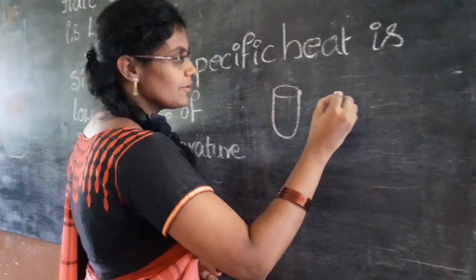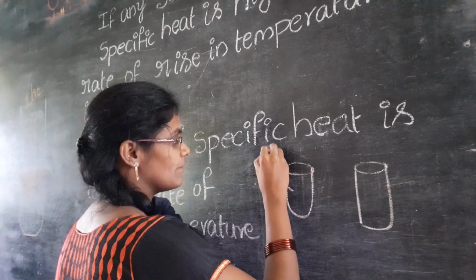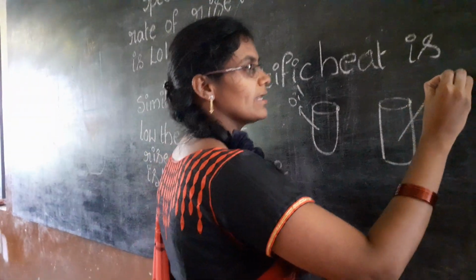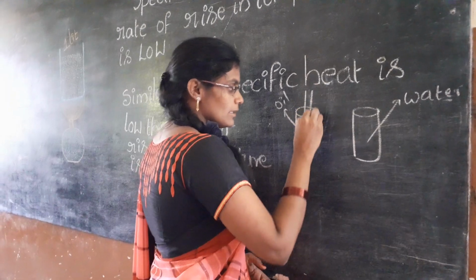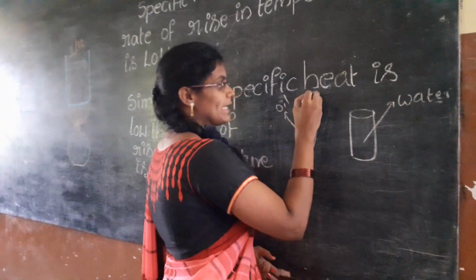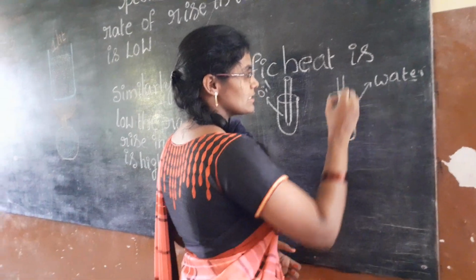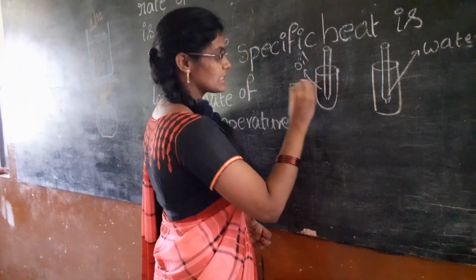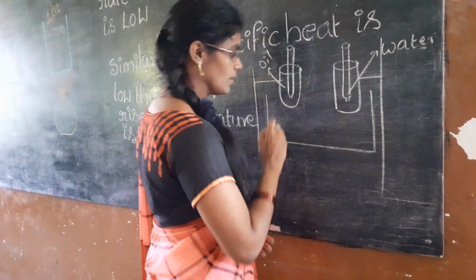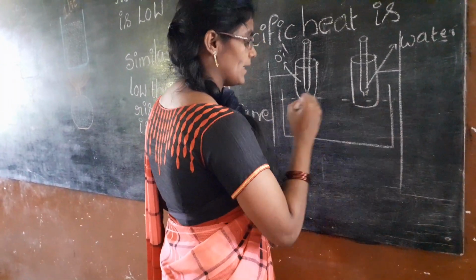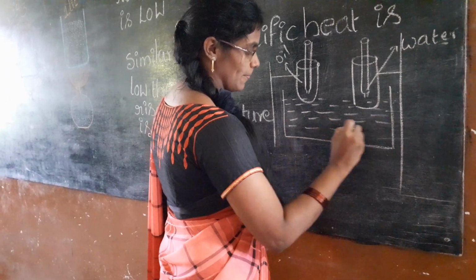In the fifth activity, we took 2 boiling test tubes and we filled one test tube with 50 grams of oil and another test tube with 50 grams of water, and we took these two initially at room temperature and inserted the thermometer in the 2 test tubes, and next dipped the 2 test tubes in a hot water beaker, in which the temperature of the water is 80 degrees Celsius.